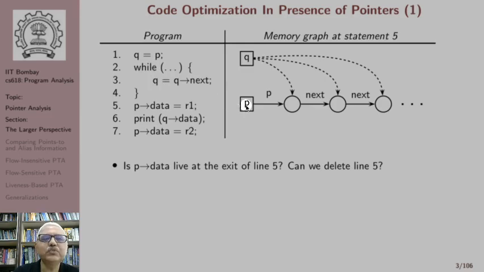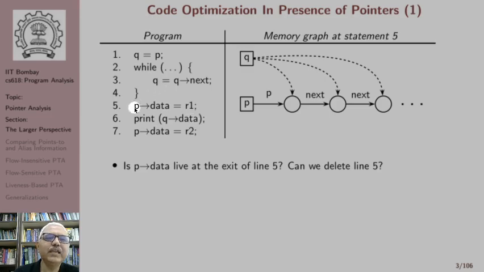So which means that presumably we have a linked list rooted at P, and we said Q is equal to P. So we get a current pointer to P, and then we keep traversing the next pointer. And at the end of this traversal, now we say P arrow data is equal to R1. So we are writing into P arrow data, but we're reading from Q arrow data.